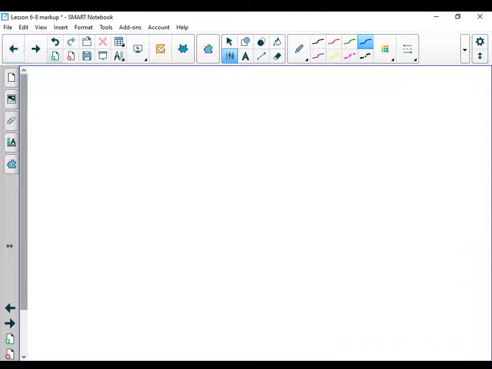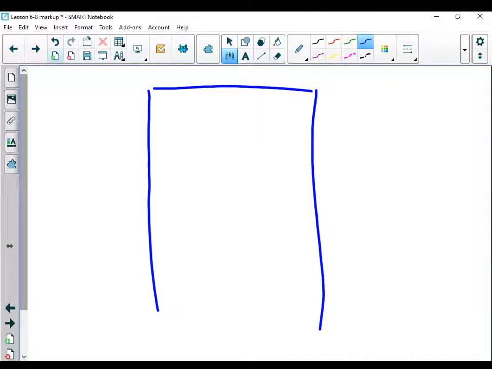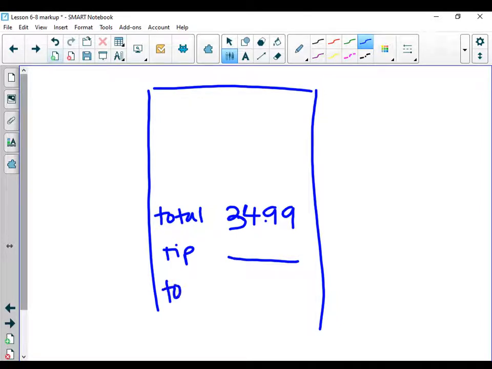But there is usually a total. This is your receipt. Then they give you a blank spot for a tip, and then they give you a spot for a new total.